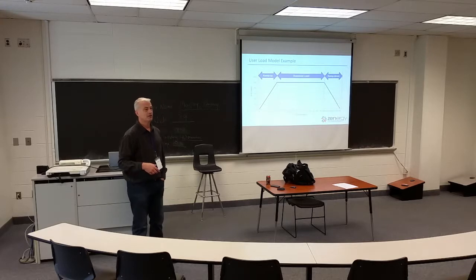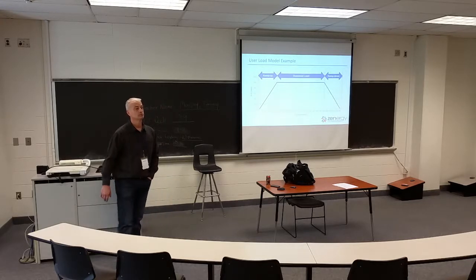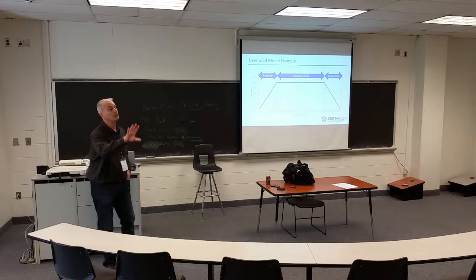Approximately 250 to 300. 250 to 300 total, or per machine? Per machine. You think you need 250 instances of a browser on a single machine? If you say 250 users can run on a single machine, that means that's 250 threads. Yeah, exactly. But I'm talking about function.